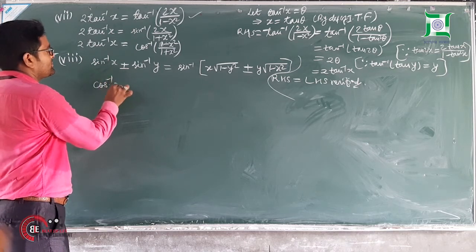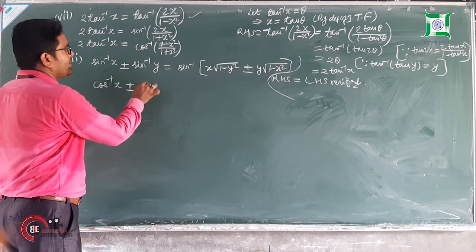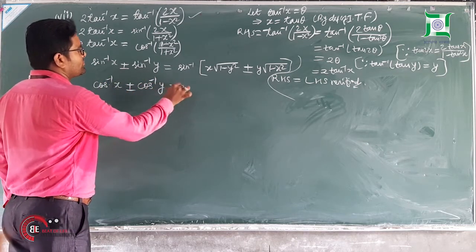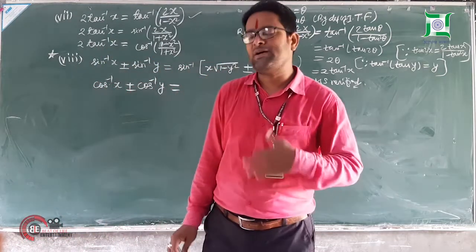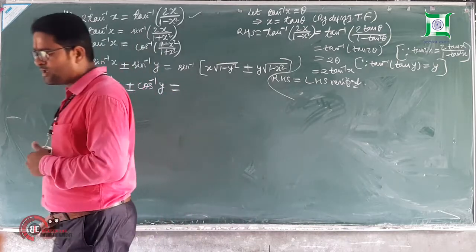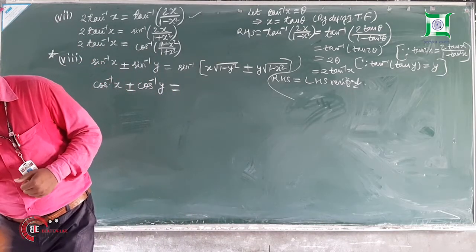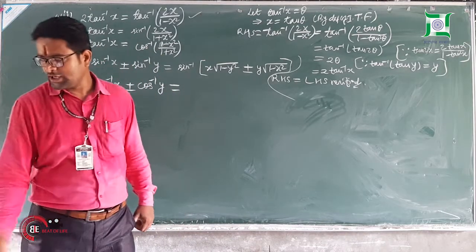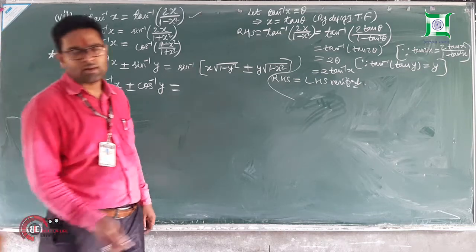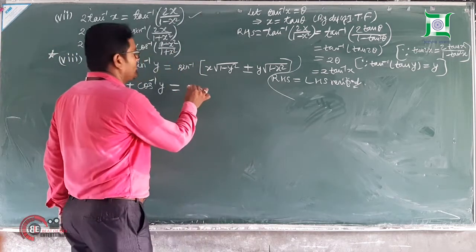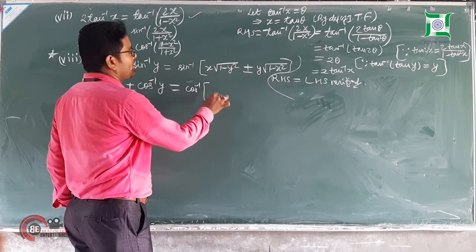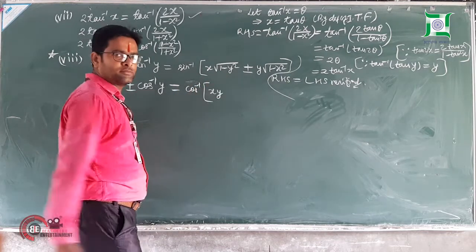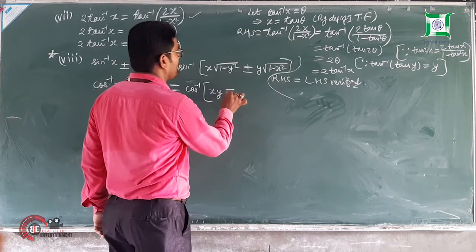cos inverse x plus minus cos inverse y. Now see, based upon that, we have another formula based upon cos inverse. It will be cos inverse of xy minus plus.